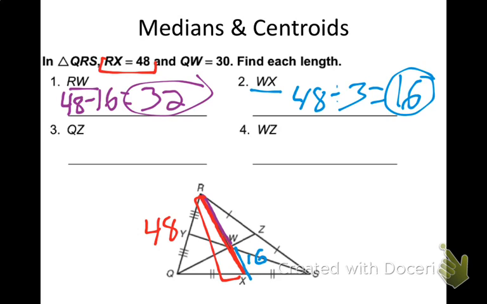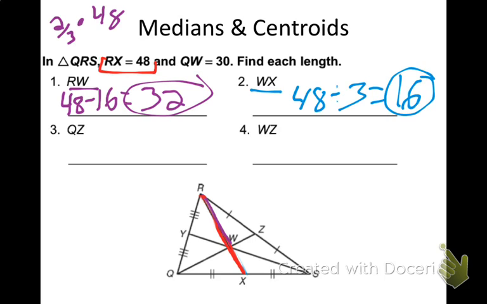Another way to do that same problem is, what if I don't want to use the other line? Well, I know the whole line is 48. The purple line would be 2/3. So I could do 2/3 times 48, and I would still get 32. Either way it works. It does not matter.